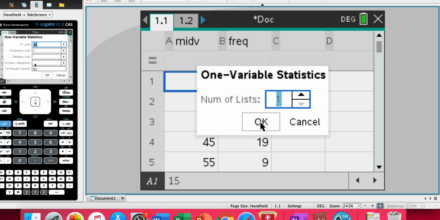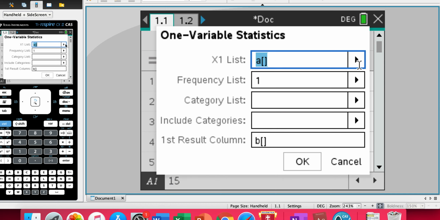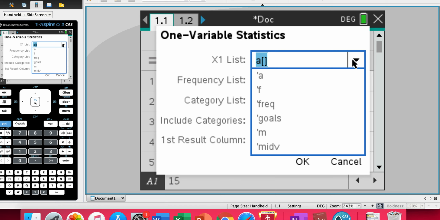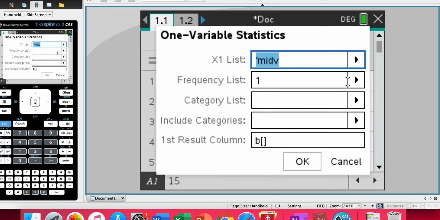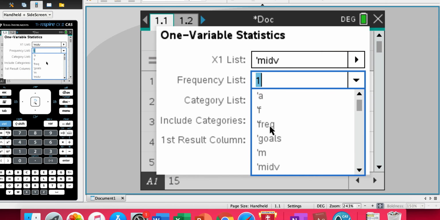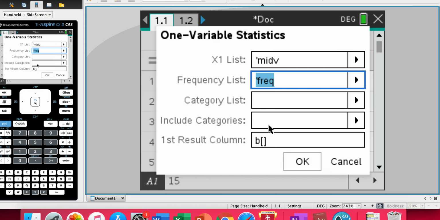I have only one list. How is it called? I call it mid value. And the frequency I call freq, and I'm going to put it in column B, because my B has the frequencies. Okay, good.